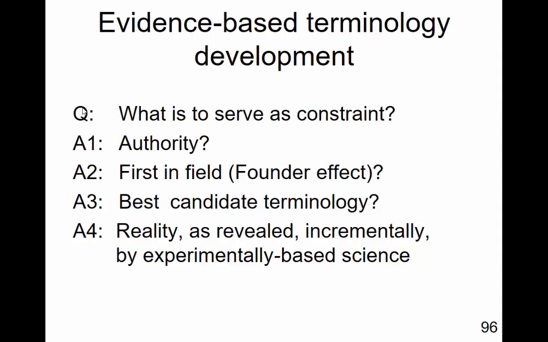So then you have to modify A4 by saying that terminologies should either be based on our knowledge of reality as revealed by science, or it should be based on our knowledge of how to do the formal ontology, which can serve as a starting point for the way scientific ontologies will be developed.